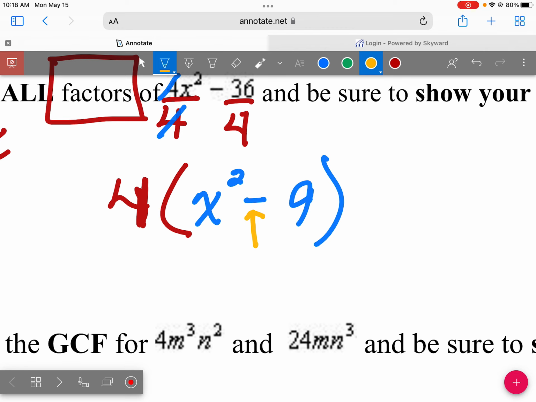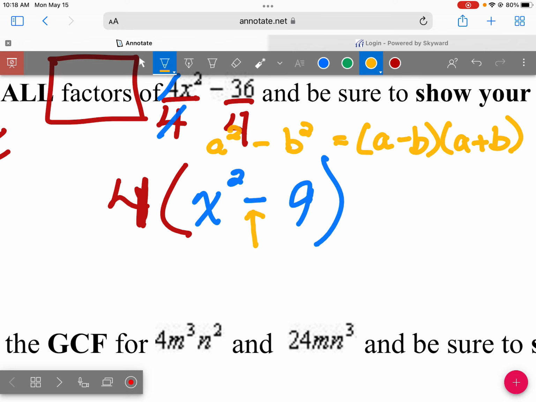So if I consider x squared to be a squared minus b squared, I would rewrite this as a minus b times a plus b. So number 2 up at the top of the paper is true. The difference of 2 squares is a minus b times a plus b.